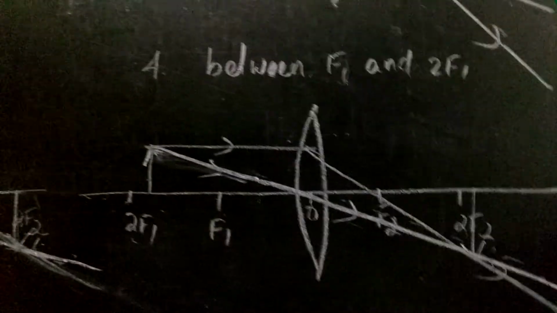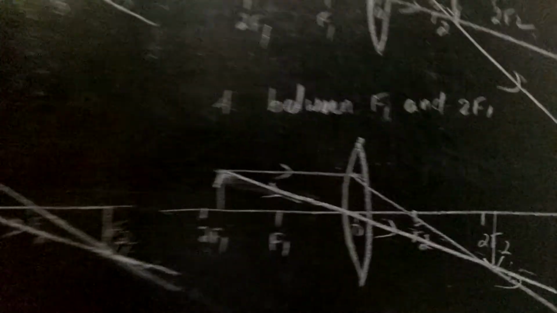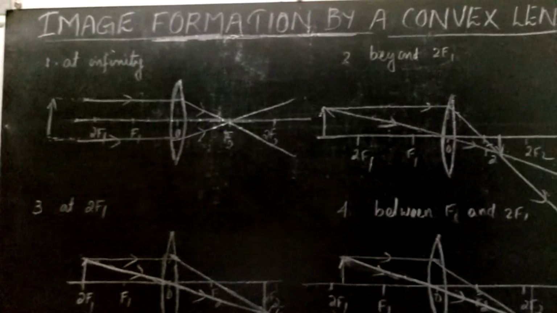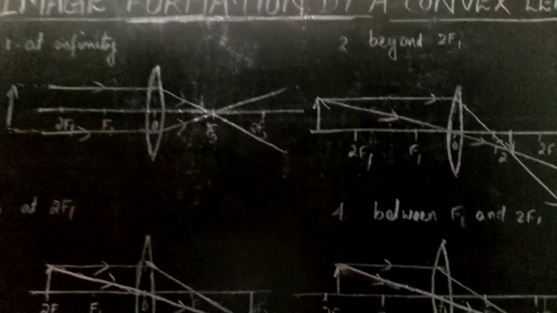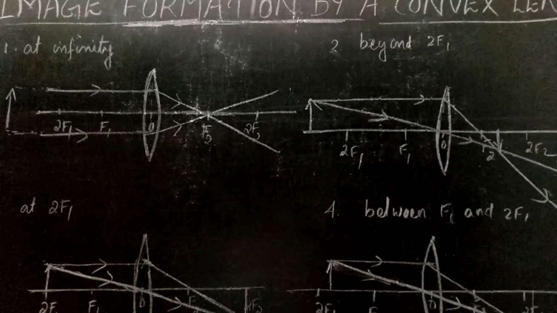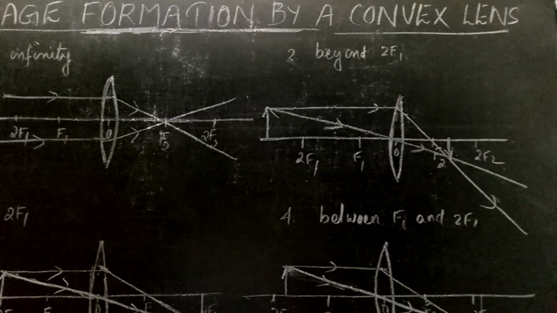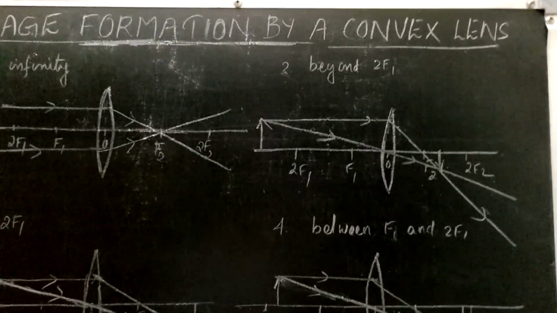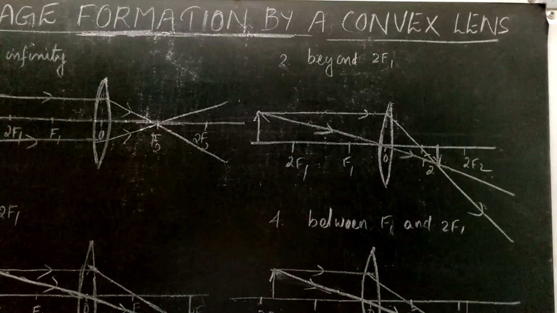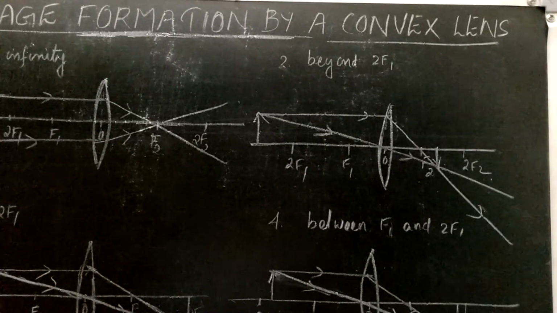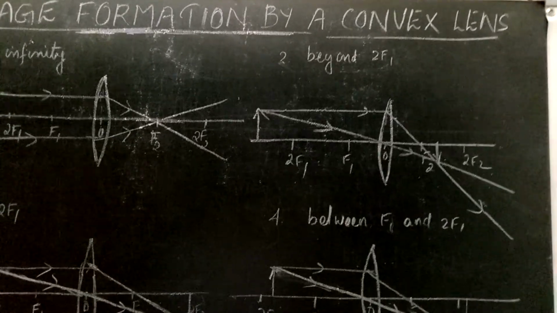So here we discussed 4 positions. The first position is when the object is at infinity, image will be formed at the focus and it will be real, inverted and highly diminished. Second, when the object is beyond 2F1, image will be formed between F2 and 2F2 and it will be real, inverted and diminished.